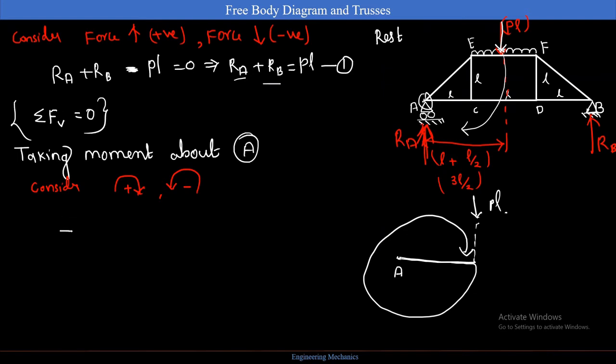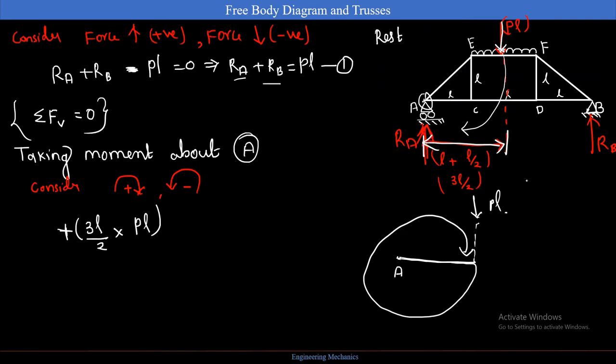So I am going to take it as positive. Moment is nothing but distance into force. So what is the distance between A and the force which is acting? It is 3L by 2. First I need to write 3L by 2. Then the force which is acting at that point is PL, and it is rotating in the clockwise direction, so I am taking it as positive.